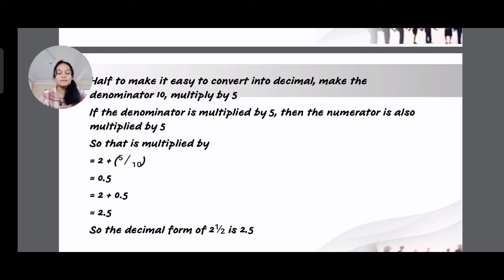So 1 over 2 equals 5 over 10. So 2 plus open brackets 5 over 10 closing brackets equals 2 plus 0.5, equals 2.5. So the decimal form of 2 1 over 2 is 2.5.